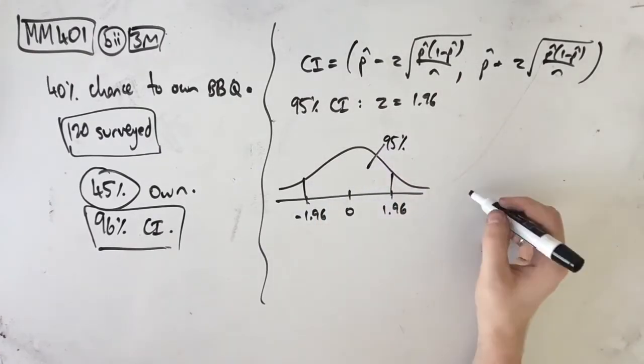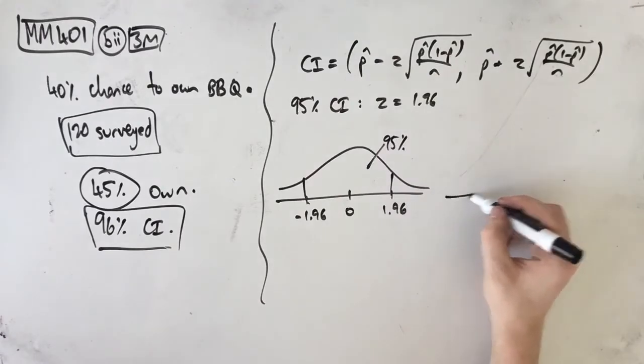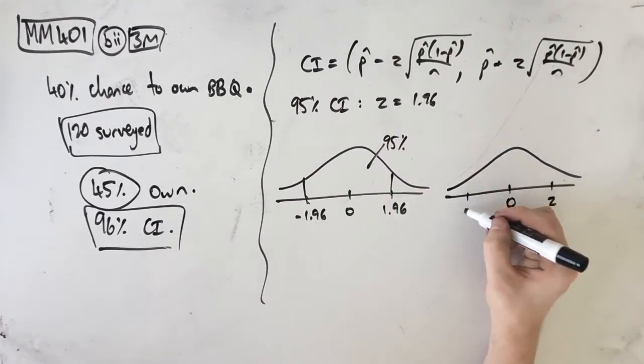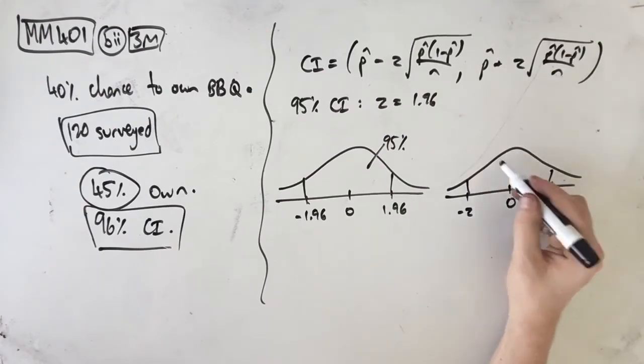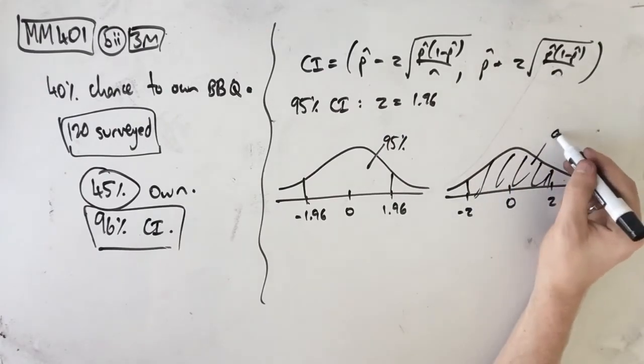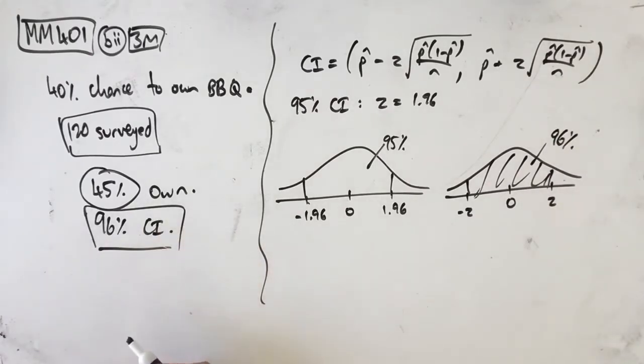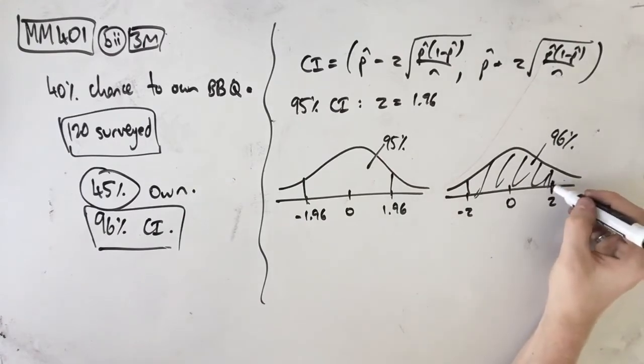With this 96% confidence interval, we've got this z value and negative z, and between these two values we have 96% of the data. So we need to find out what this z value is.